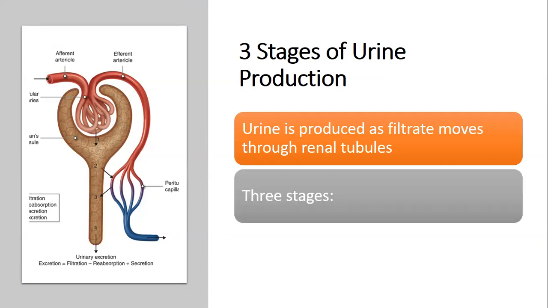There are 3 stages: filtration through the Bowman capsule, reabsorption in the proximal convoluted tubules, and secretion in the loop of Henle or in the distal convoluted tubules.